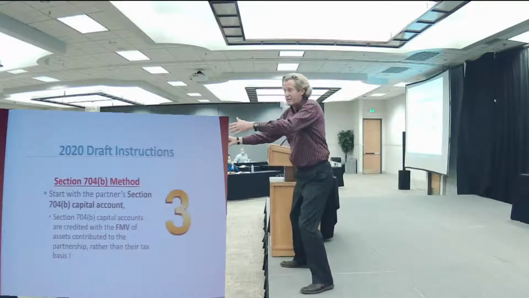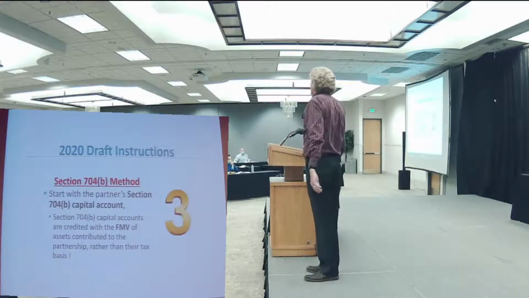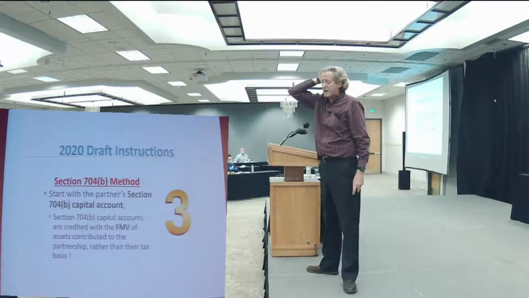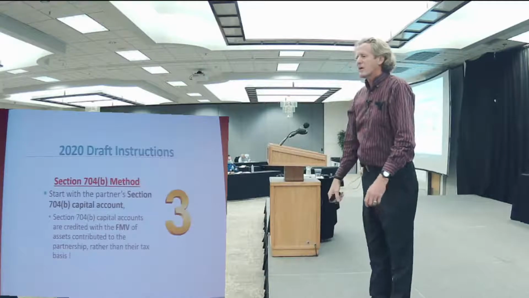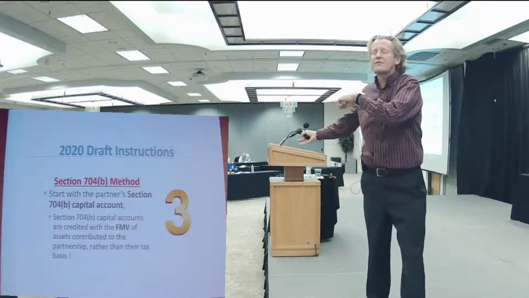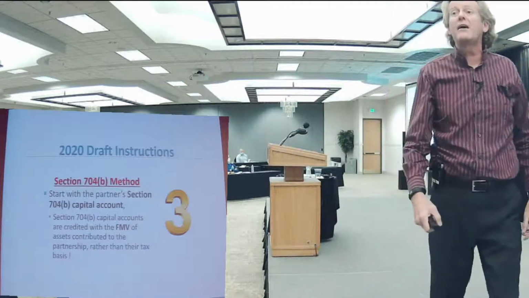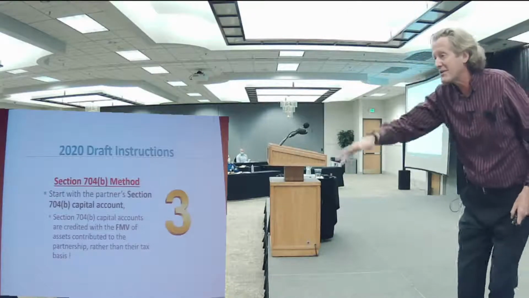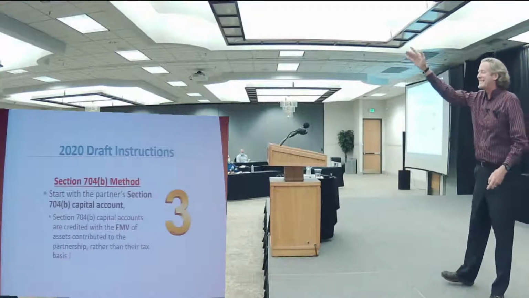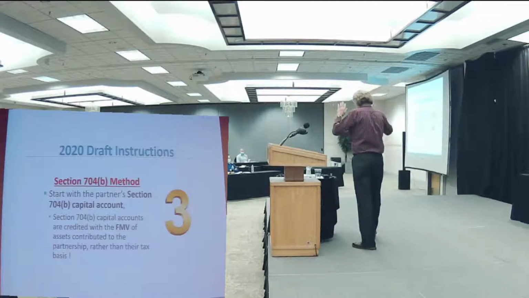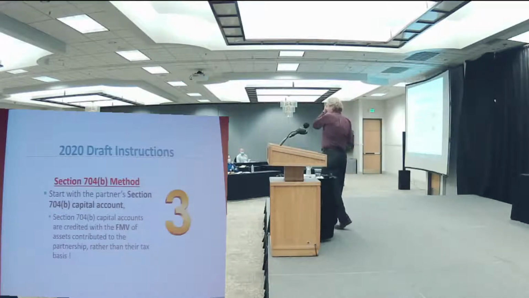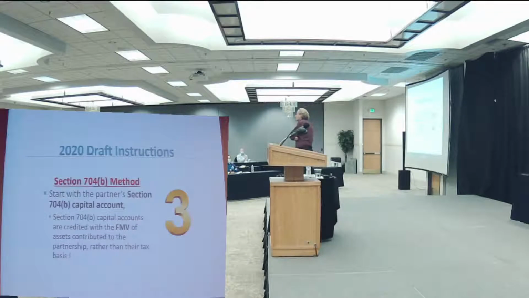Both then on the assets that are over and in the tax basis of the capital account you get back, and you go forward from there. 704(b) is a hybrid of book and tax. Contributed assets are valued at fair market value, and then things are adjusted, flowed through, posted based on tax stuff. So it's really a mixture, a crossbreed of book and tax. Only the IRS could come up with something that weird and that commingled.